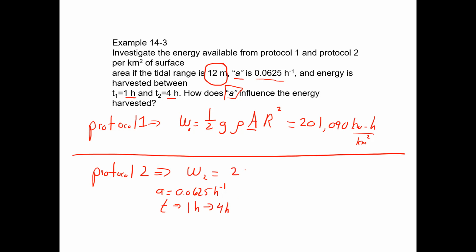You would get a total of 20,000 kilowatt hours per square kilometer. So this value is of course 1/10 of the value from protocol 1, but the idea is that you're able to extract that power over a longer period of time.